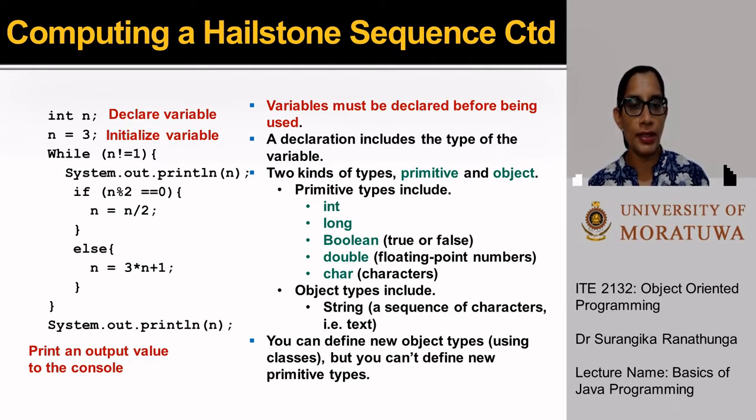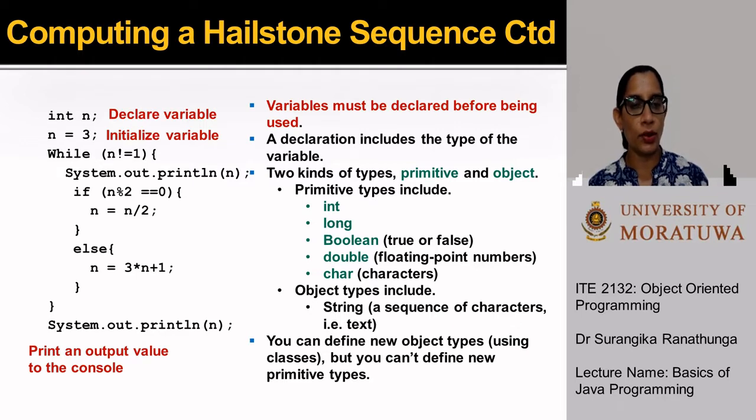So this integer n is called a primitive data type. In Java, we have two types of variables, primitive and object. So integer, long, boolean, double, and char are called primitive types. You can define other variables using objects. In the next week, you will learn that Java and object-oriented programming is based on the concept of objects.